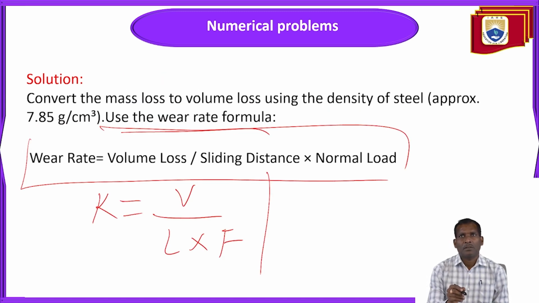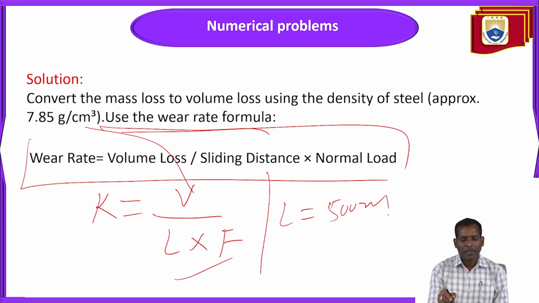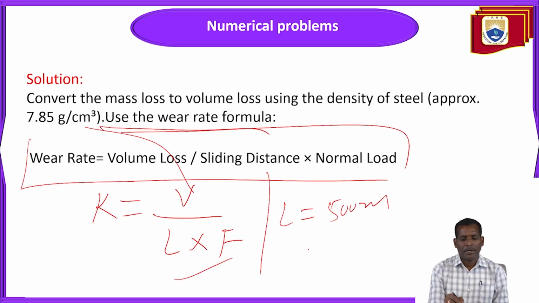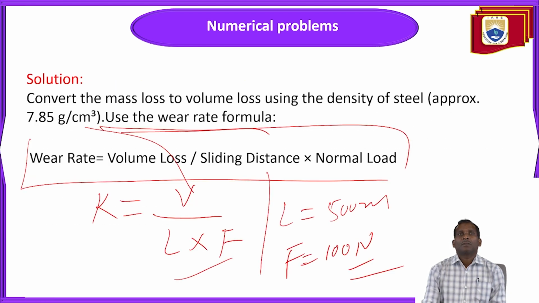The density of the steel is given as 7.85 grams per cubic centimeter, and L is given, that is 500 meter, and then the force, the load, is 100. The force is 100 Newton. Clear? So now you can calculate the wear rate.